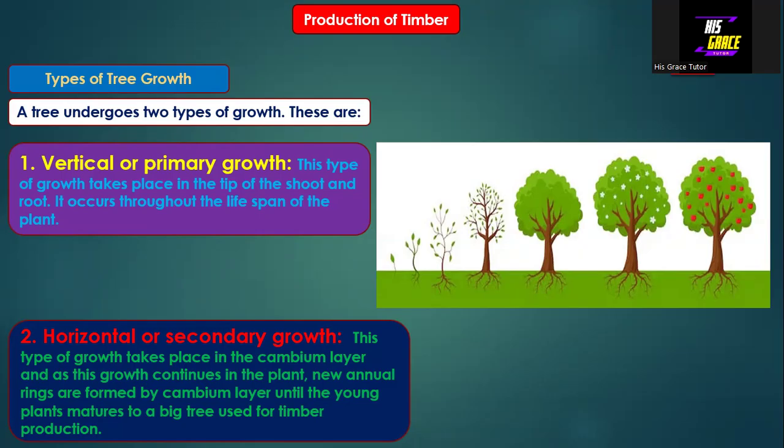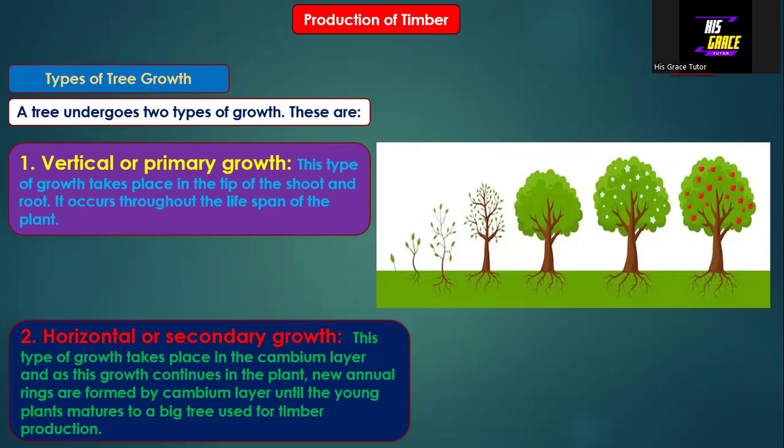Of the two types of growth that a tree undergoes, we have vertical or primary growth, which takes place in the tip of the shoot and root of the tree, and it occurs throughout the lifespan of the tree.